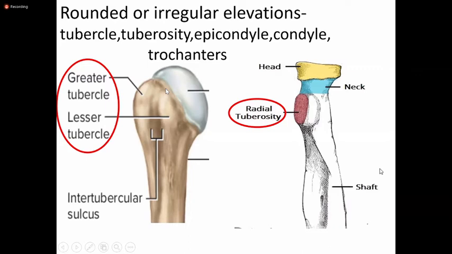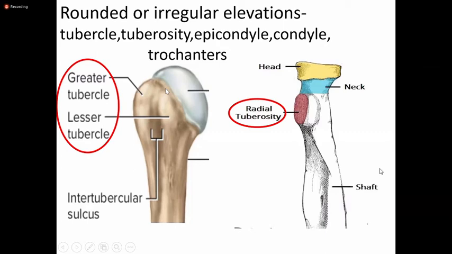Then depressions. Suppose the surface is dipped inside. You can see the pits, smaller depressions. Some larger pits are called fovea. Then the bicipital groove, which is a longitudinal depression, lodges the tendon of the long head of biceps.